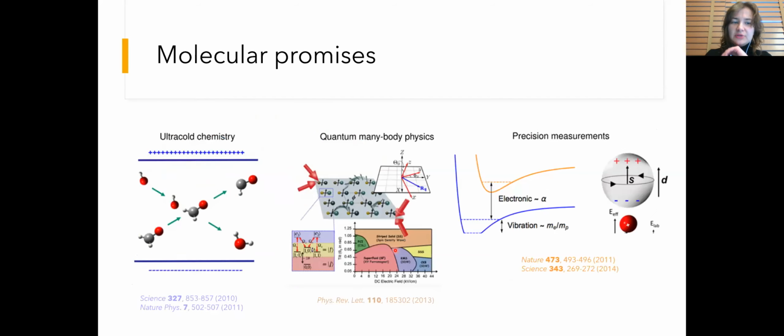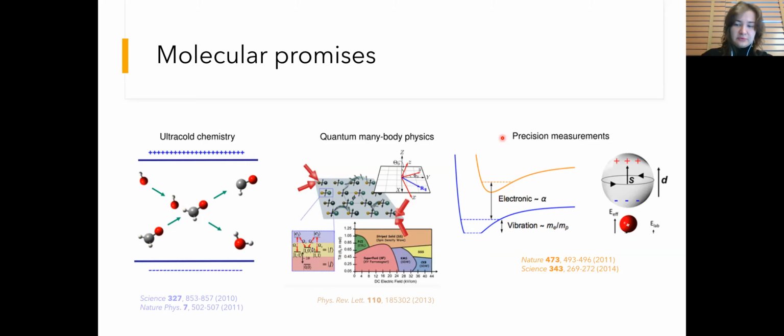The proposals I told you about a moment ago were mostly from the quantum many-body physics field, but molecules are also used in ultracold chemistry, which studies the quantum effects that play a role during chemical reactions at ultracold temperatures, and also for precision measurements, thanks to these internal degrees of freedom. There are more of them.